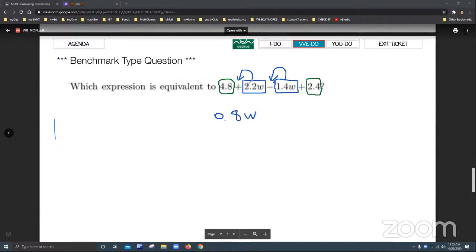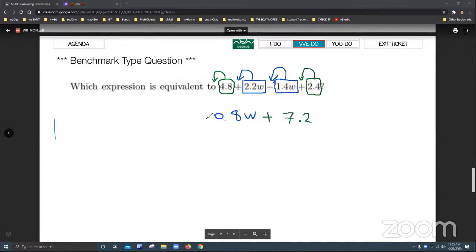And number two, you have 4.8, and in front of 4.8 there is no sign, which means positive. In front of 2.4 there is a plus sign, which is positive, so you need to add them up. 4.8 plus 2.4 becomes positive 7.2.